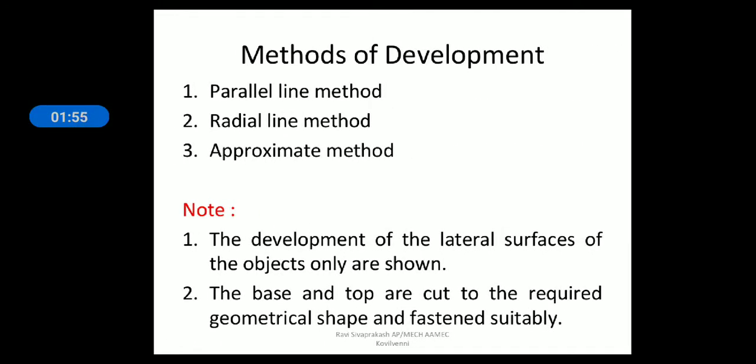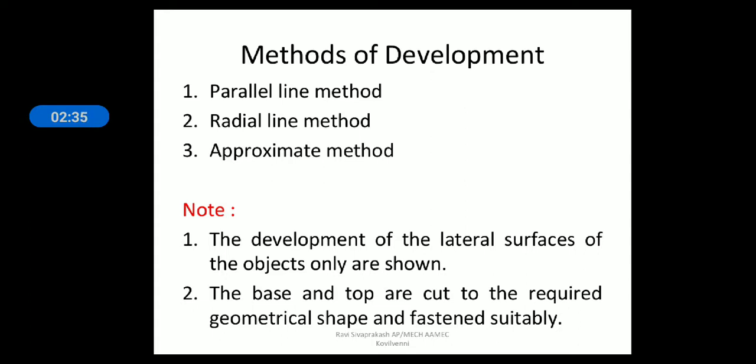And next, methods of development. There is the parallel line method, the radial line method, and another one, the approximate method. Here we are discussing the parallel line method. In the parallel line method, if you consider any square prism, we have to project the solid, or unwrap the solid, in a parallel manner. Whereas in the radial line method, the objects are like pyramid and cone.